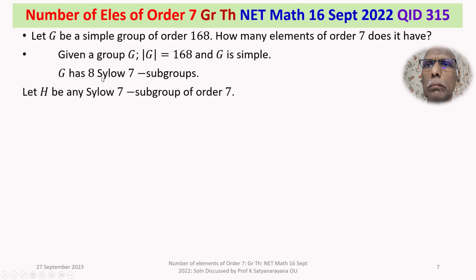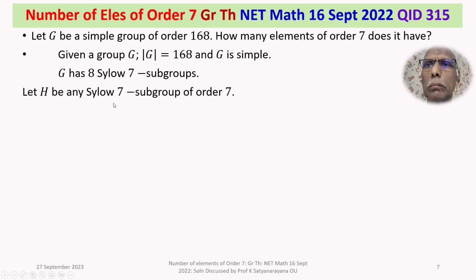Now G has 8 Sylow 7 subgroups. Let us take any one of them. Why not we call it H? Let H be any Sylow 7 subgroup of order 7. Then H is cyclic. Why? The order of H is 7. 7 is prime. Every group of prime order is cyclic. Therefore, H is cyclic.